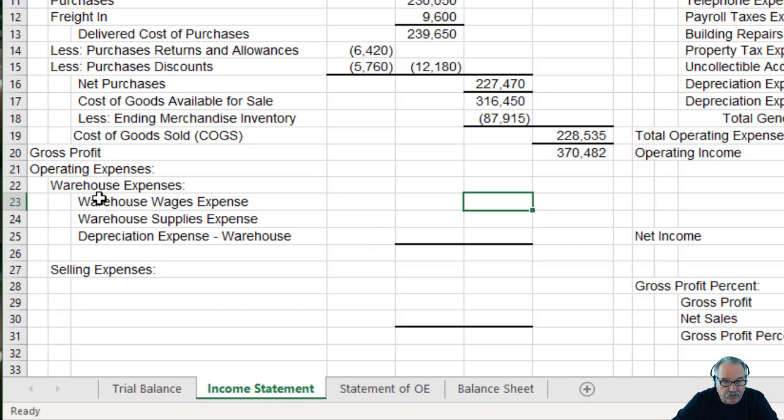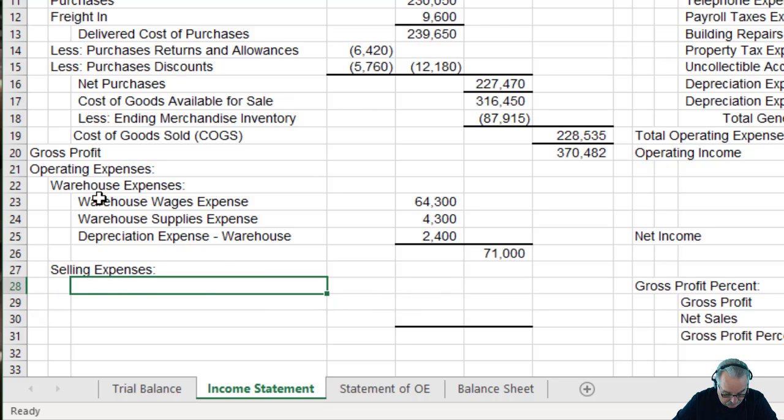And those numbers are 64,300, 4,300, and 2,400. So those total up for our warehouse to 71,000.